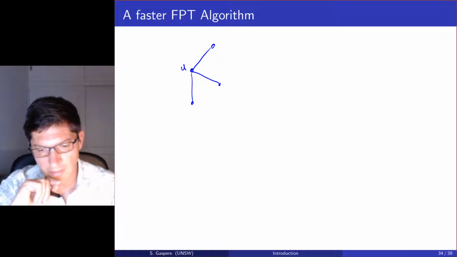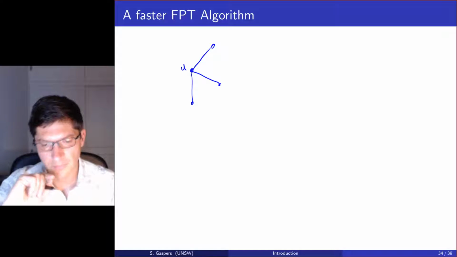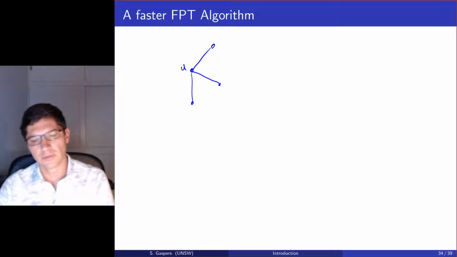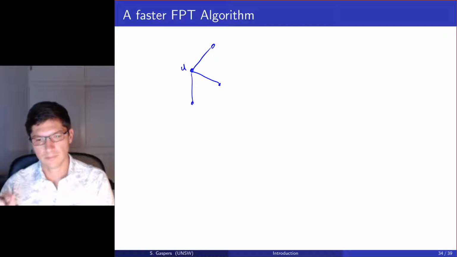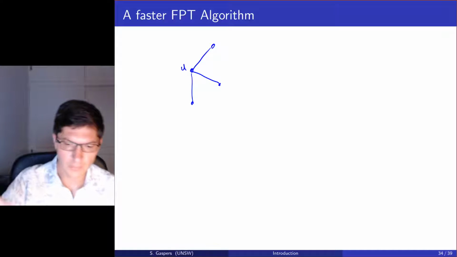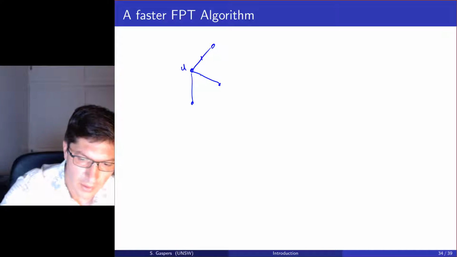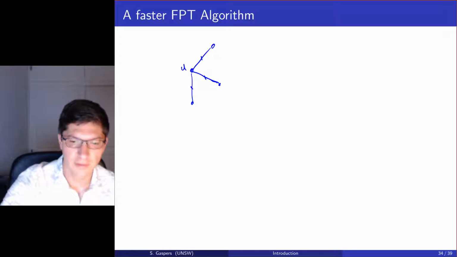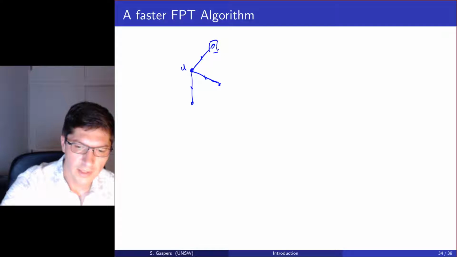We can now say something a bit stronger, namely that either we add u to the vertex cover, or we don't. If we don't add u to the vertex cover, who is going to cover its incident edges? So for these to be covered, if u is not in the vertex cover, then actually all the neighbors of u must be in the vertex cover.